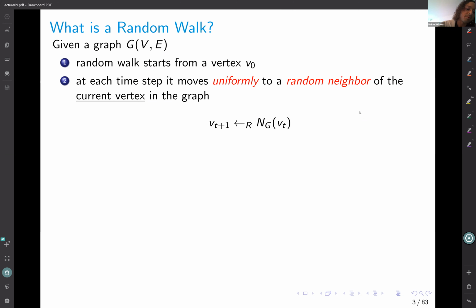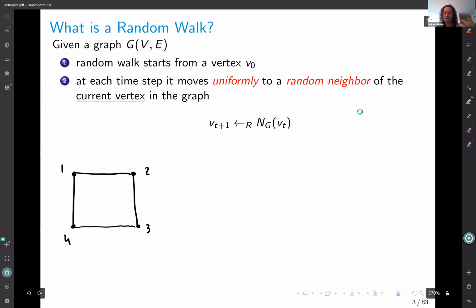So here's an example where we have this graph. Let's say that these are the vertices 1, 2, 3, 4. And we're going to say that the vertices are like the states of our Markov chain.